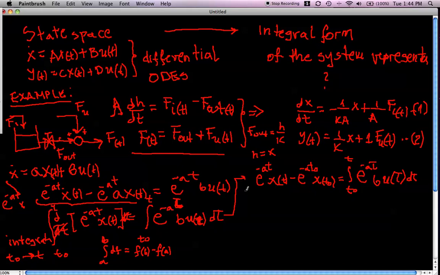Now, if we multiply this expression and we flip this to the opposite side, we will obtain that x of t is e to the a of t minus t0 multiplied by x at t0, plus e to the a of t times the integral from t0 to t of e to the minus a tau b u tau d tau.